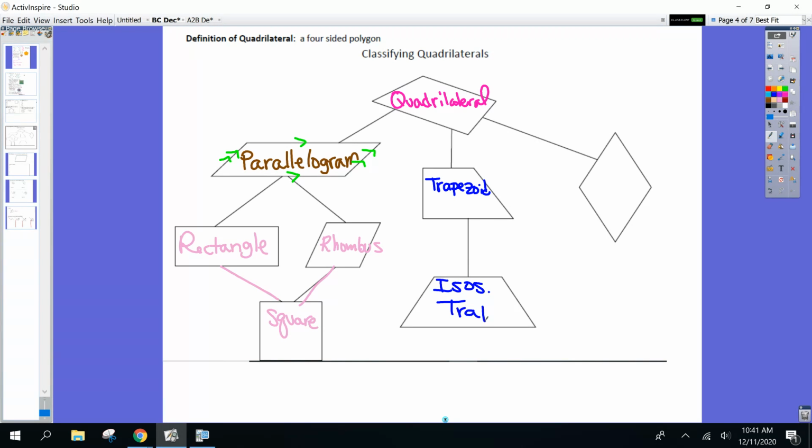He's got a little bit more properties than just the trapezoid itself. Now, why are they grouped separately? They don't have 2 pairs. They only have 1 pair of parallel sides. That's it.